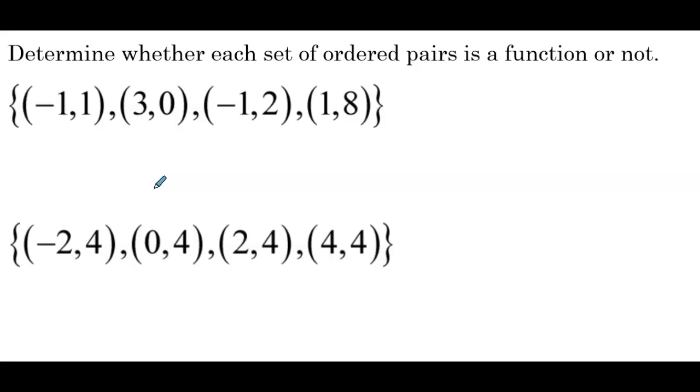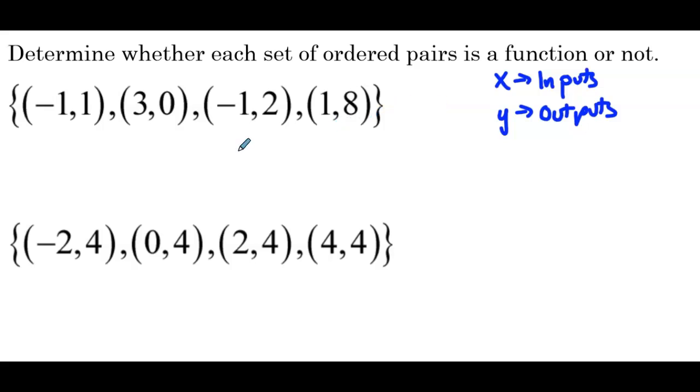Next, they've represented the relations with a set of ordered pairs. So determine whether each set of ordered pairs is a function or not. So in a set of ordered pairs, just to remind ourselves, we want to think of the x values as the inputs, and the y values as the outputs.